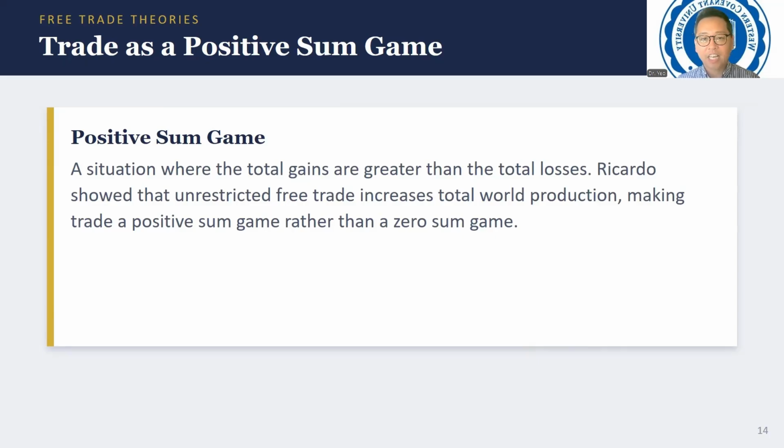This is the exact opposite of what the mercantilists believed. Mercantilists thought one country's win always meant another country's loss. Ricardo proved that trade, if done freely, can make everyone better off at the same time. This single insight is why most economists today strongly support free trade policies.